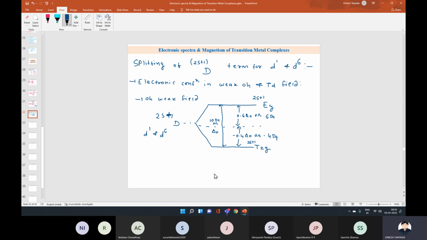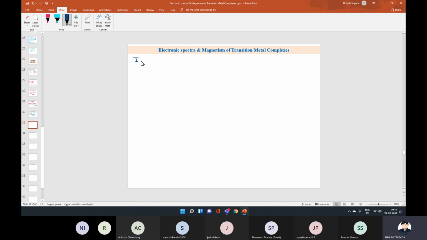What happens in the case of tetrahedral field? In the case of tetrahedral weak field complex, the opposite thing is there.